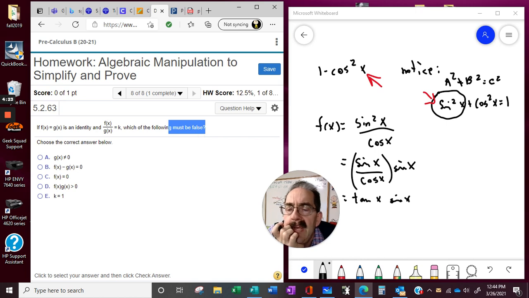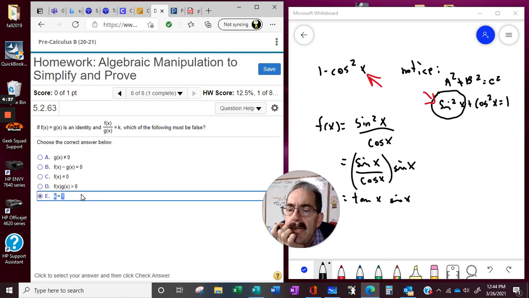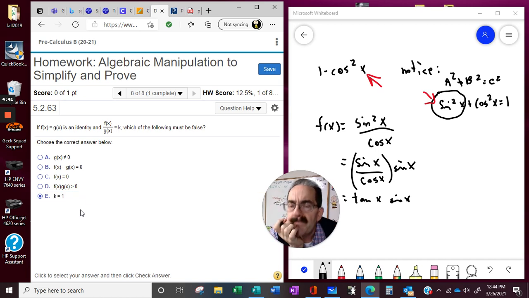Well, we can't divide by 0, so no. It doesn't have to be 1, no. F of x equals 0, no.